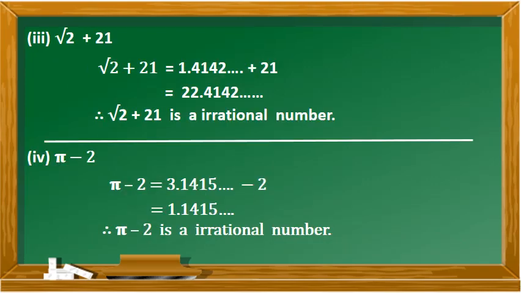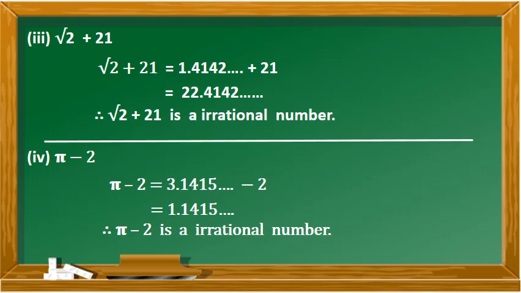The third subdivision is root 2 plus 21. That is the addition of an irrational number and a rational number. Now we will see what you get. They have given you the value of root 2. The value of root 2 is 1.4142 plus 21.